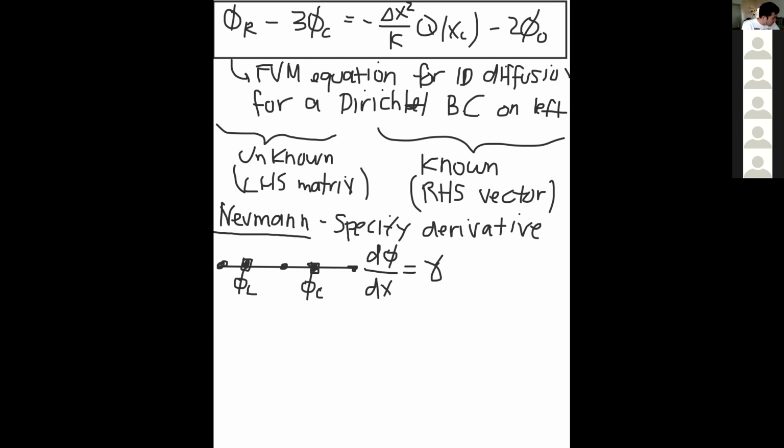Okay, so let's find the finite volume equation for a Neyman condition, basically the Neyman version of what we have at the top for Dirichlet. Let's start at the same place: our finite volume equation after we've applied the divergence theorem and the trapezoidal rule. That equation looks like this.